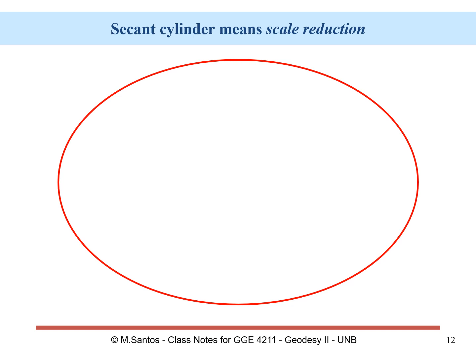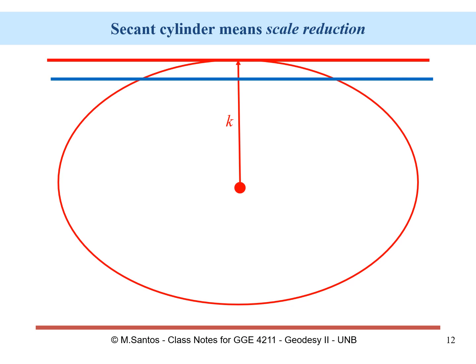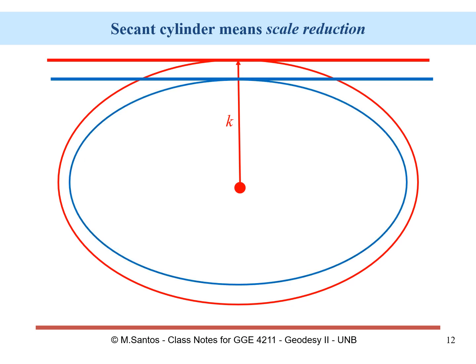Let us consider the red ellipsoid in the center, and it's touched by a cylinder along a particular meridian, as in the case of the transverse Mercator. The coefficient of deformation k can be seen as the radius. A secant cylinder implies that it is also tangent to a smaller ellipsoid, represented here in blue.